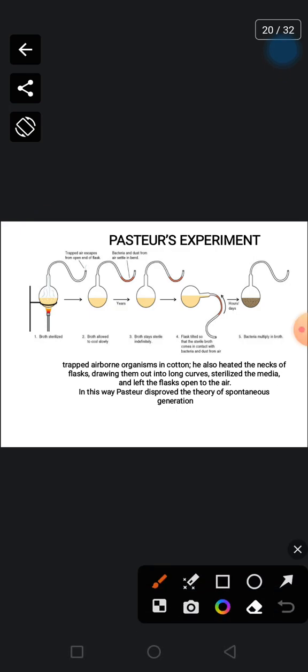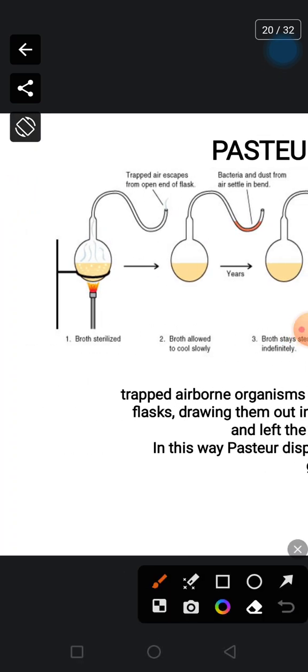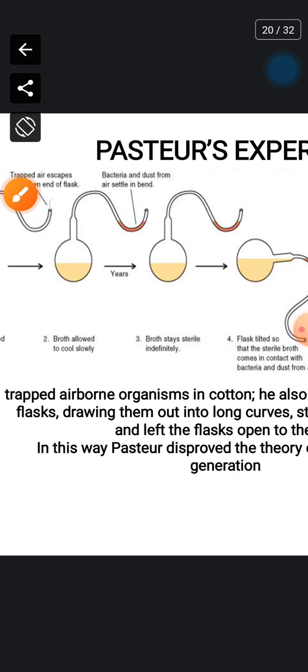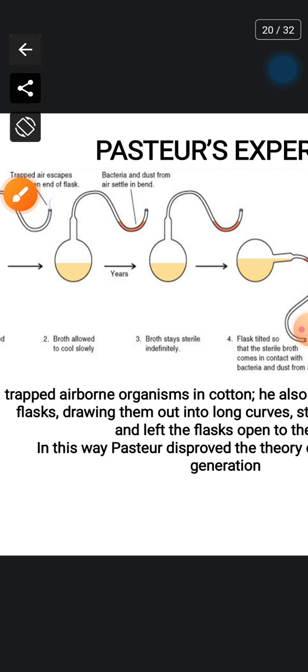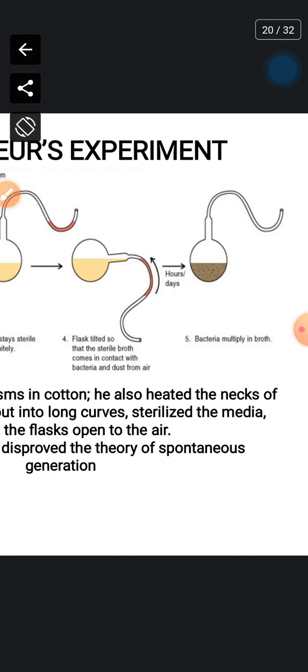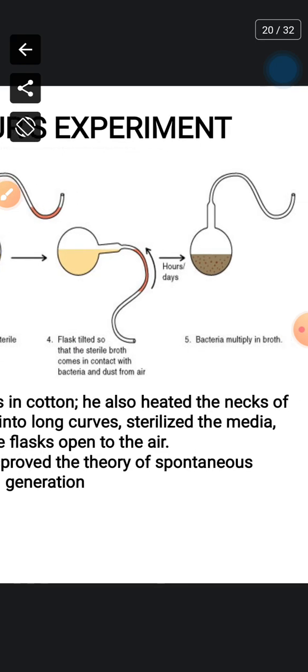This was the experiment performed by Pasteur, as you can see here. In the first part, he took a vessel like this and put some fluid in it, and the vapor rises in this tube and goes like that. Bacteria and dust in the air settle in this bend. Then he tilted this vessel, and due to this inversion, these bacteria entered the flask.